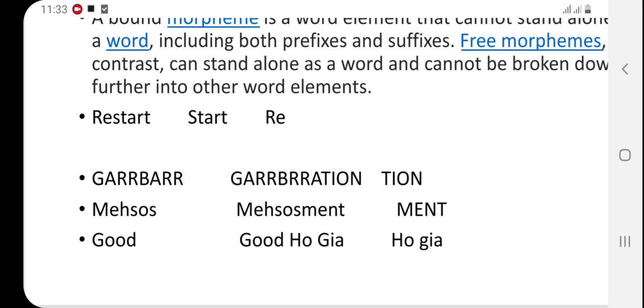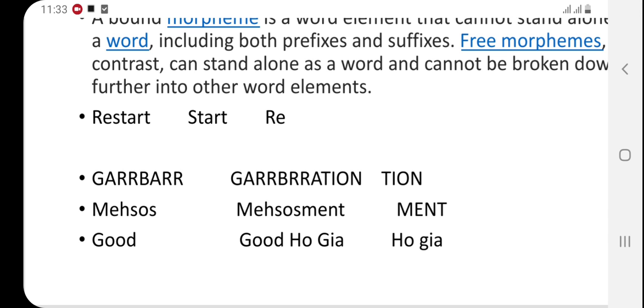Gadbad is a complete word, that something is not in sequence. It means the things are not in a sequence. In Urdu we call it gadbad. So they have attached a bound morpheme TIUN, making a funny addition, making the word gadbadation.